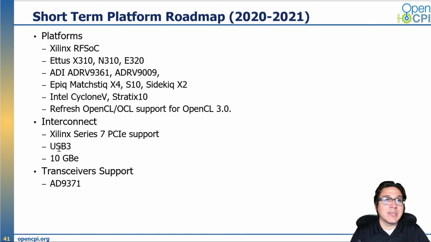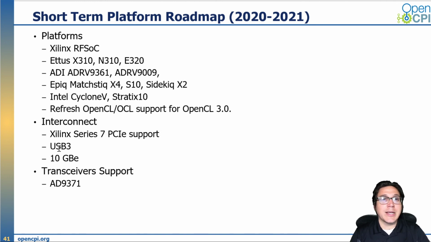There's the platform itself, the ADRV9361 and then the ADRV9009, and that in itself is going to support new offerings by Analog Devices, as well as updating the Matchstiq. Right now we support the Z1, but they've made a lot of platforms since the last time we had any support for those platforms.